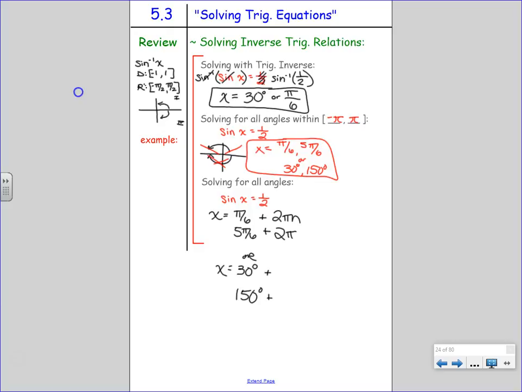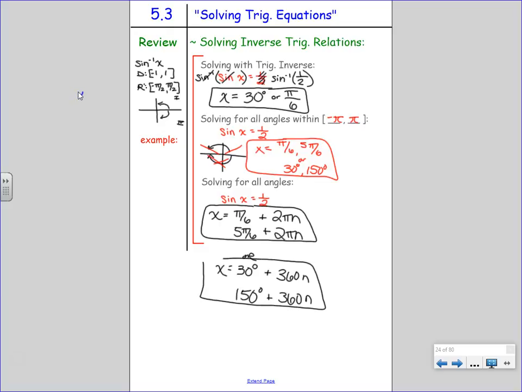All the radian ones just add 2 pi n, and all the degree ones add 360 n. Remember, both of these are sufficient. It just depends on what mode they want it in, and if they don't tell you, well, fine, just pick one. And you should be able to notice that this is the same as that, just in a different mode.